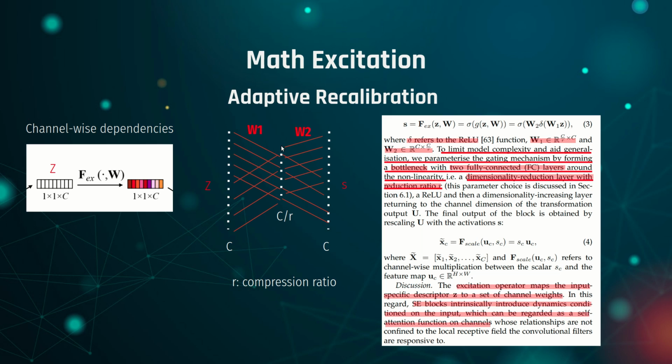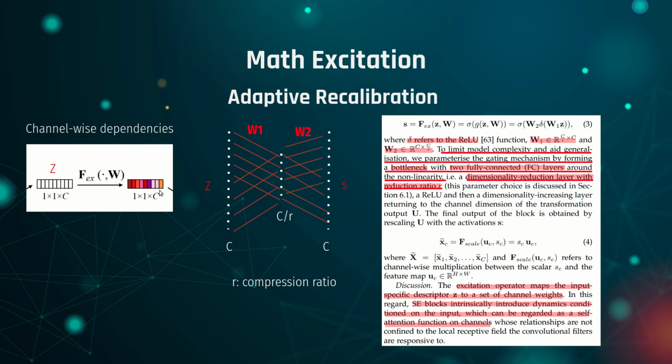You connect it with fully connected layer number 1, and then fully connected layer number 2 here. The important thing is there is a compression ratio R here. So what you do is simply a bottleneck connection. You have a larger dimension, you compress it into a smaller dimension, and you make it back.